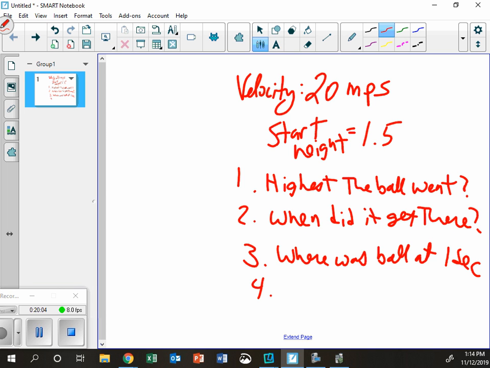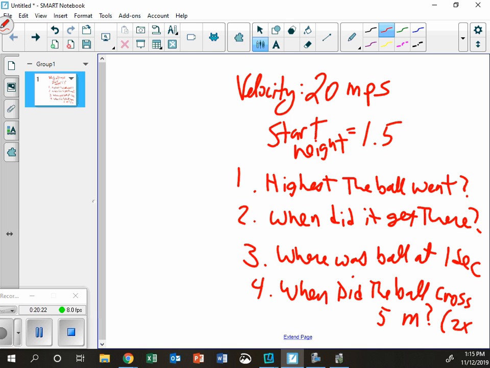Number 4, when did the ball cross 5 meters? Hint, it does it 2 times. So there's 2 answers for question 4. Questions? Yes?